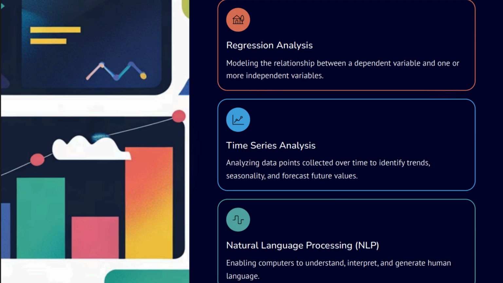Time series analysis, tracking trends and forecasting based on time-based data. Natural language processing, analyzing human language like chats or social media posts. Sentiment and social network analysis, studying opinions and social influence online. These techniques turn raw numbers into meaningful insights that can guide business strategy.